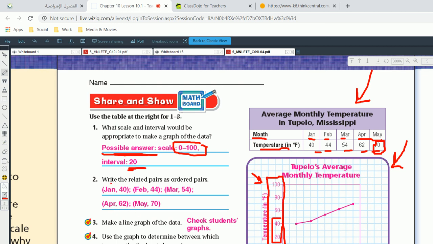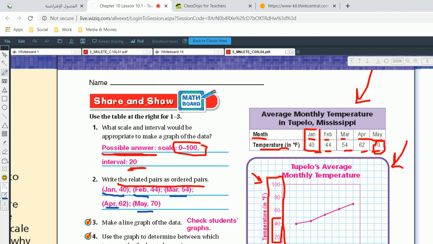Okay, write the related pairs as ordered pairs. So we're going to write this data as ordered pairs. Let's change the color. It will be January 40, February 44, March 54, April 62, May 70.